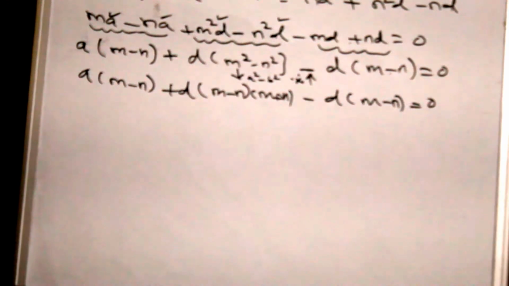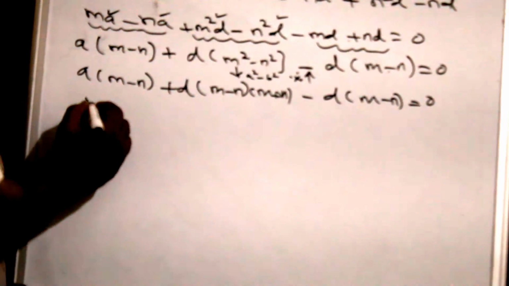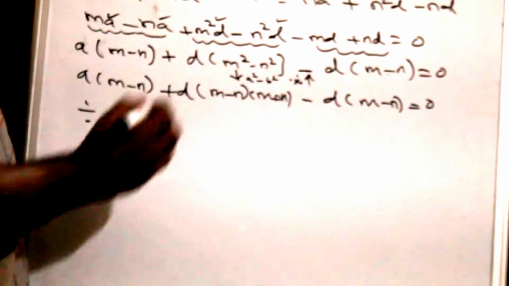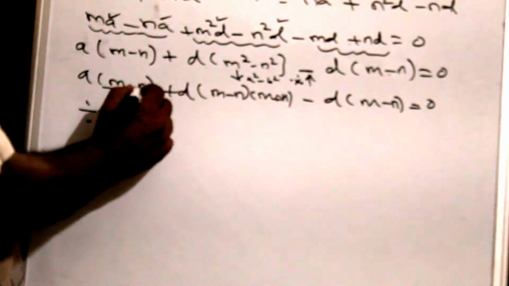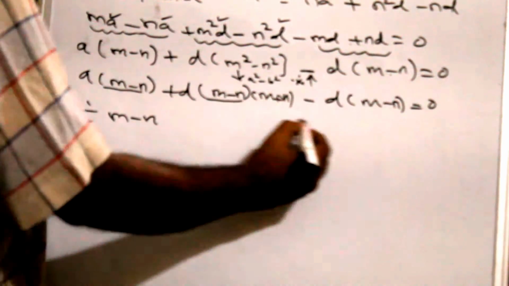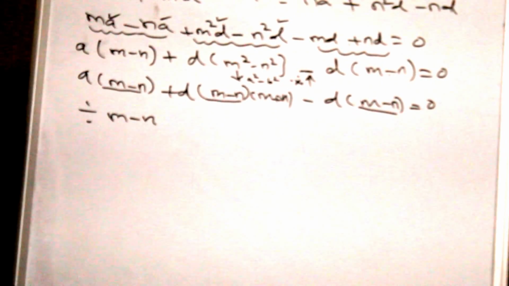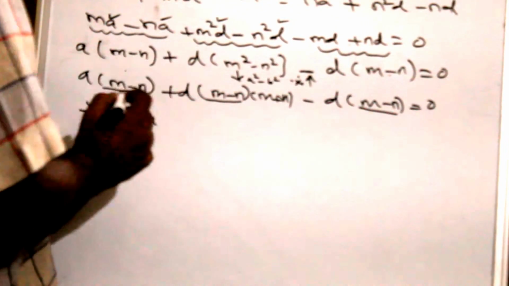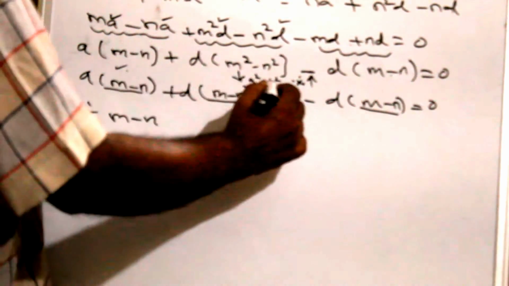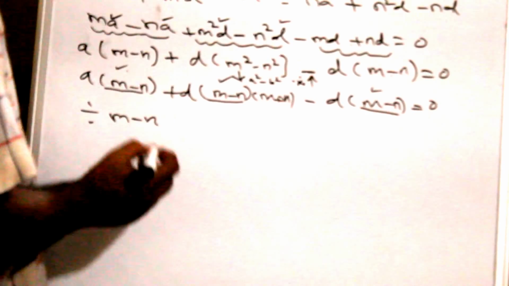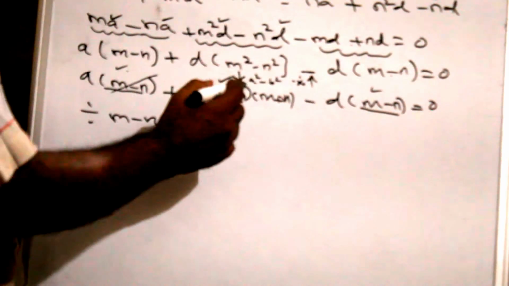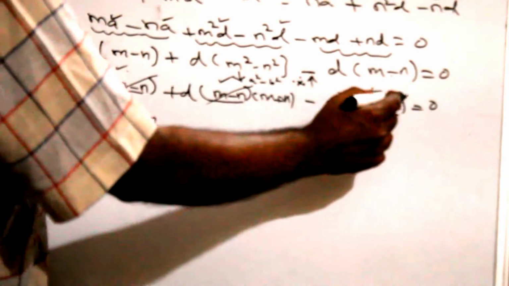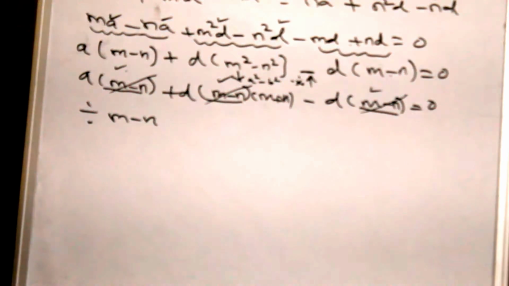Now what you do is, you divide by m minus n. So this m minus n, this m minus n and this m minus n will get cancelled. Again I repeat, after this step the m minus n is found in 3 places. When you divide, they get cancelled.